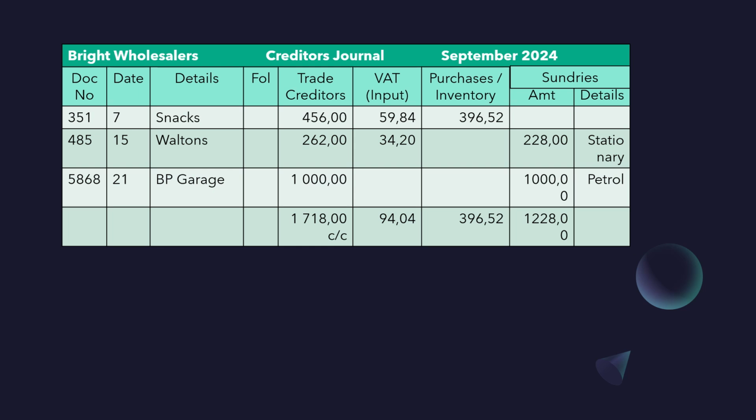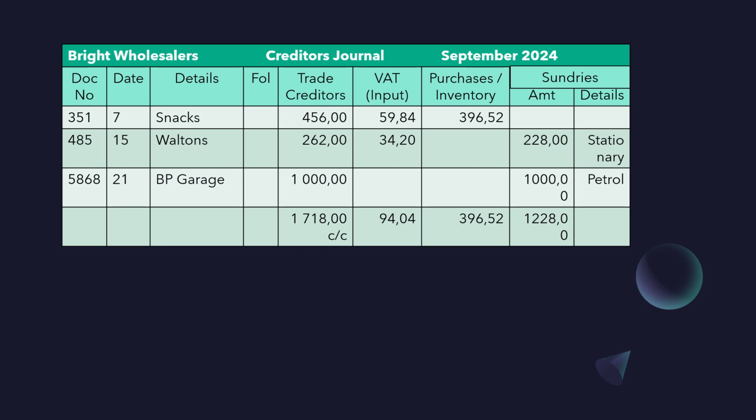These invoice numbers help you trace the invoice in case of queries. Then we have the date, which just reflects the date of the invoice. Then the details, which reflects the name of the creditor.